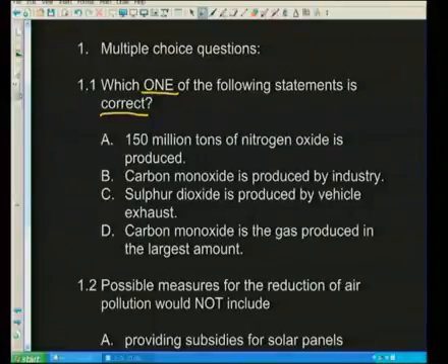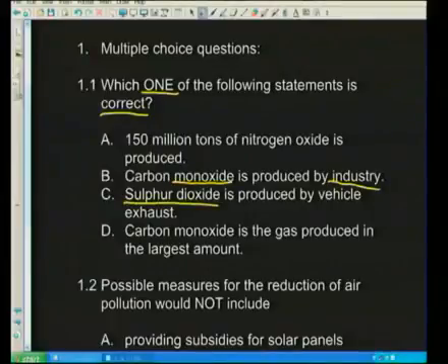All right, but let's read the next one. Carbon monoxide is produced by industry. Now, I think you and I know that that is not really true, because that's carbon dioxide that is produced by industries. Now, remember, industries also use a lot of fossil fuels, and those fossil fuels produce a lot of carbon dioxide in the atmosphere. All right, then sulfur dioxide is produced by vehicle exhaust.